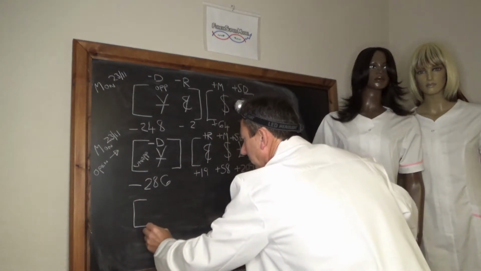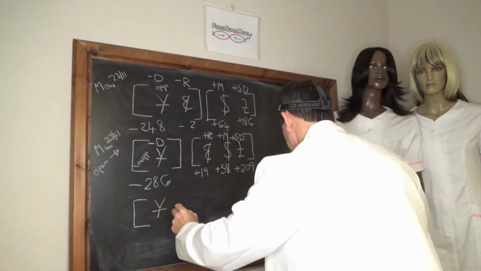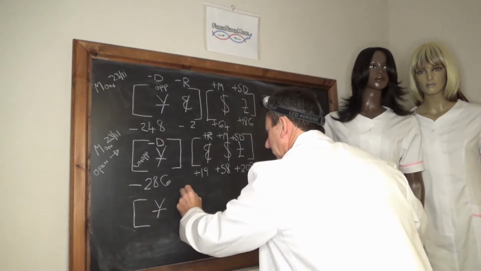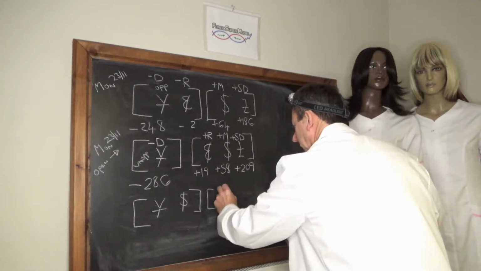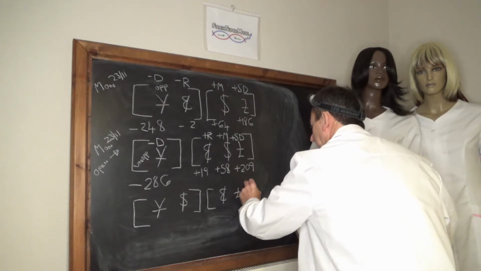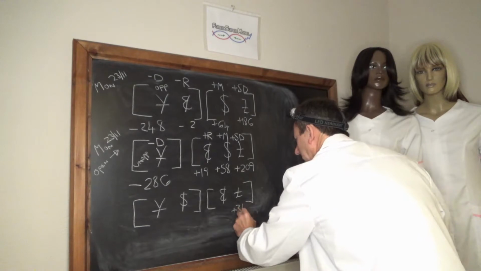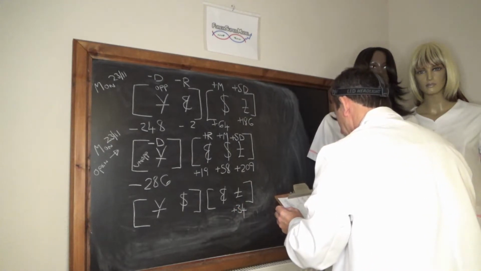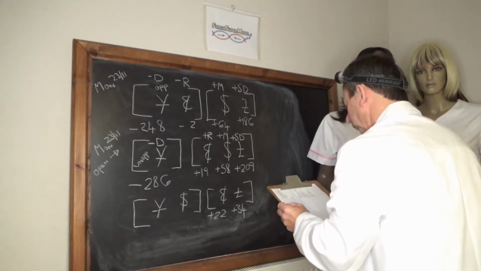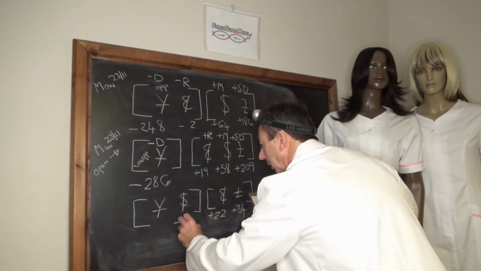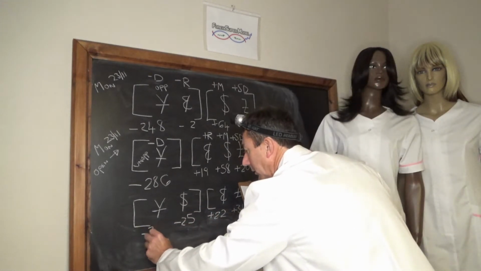so we've got what we got. We got yen, dollar, euro, pound, with the figures plus 34 on the pound, plus 22 on the euro, minus 25 on the dollar, and minus 31 on the yen.